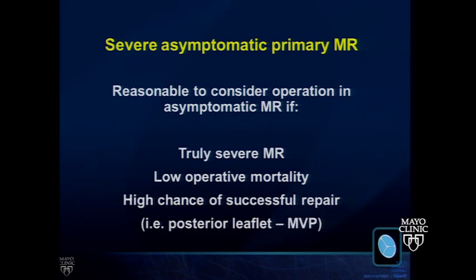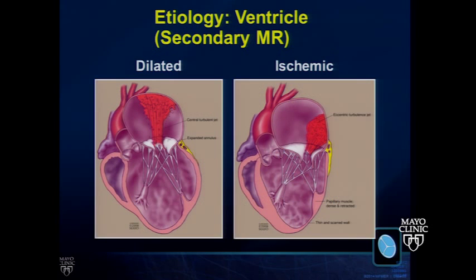So it's reasonable to consider operation in asymptomatic mitral regurgitation if it's truly severe MR, if there's a low operative mortality and there's a high chance of successful repair, and that's up to you and your surgeon to talk about to decide whether or not a valve can be repaired. Which, remember, posterior should be easier than anterior, and you shouldn't have calcium in the annulus and you shouldn't have calcium in the leaflet. What I was just talking about was everything about primary mitral regurgitation.